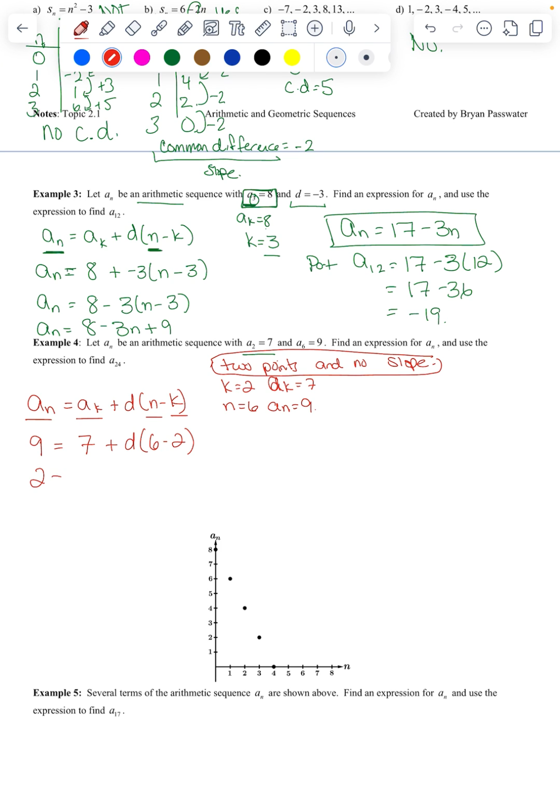Okay, so 9 minus 7 is 2. 4d, divide by 4. So d is equal to 1/2.